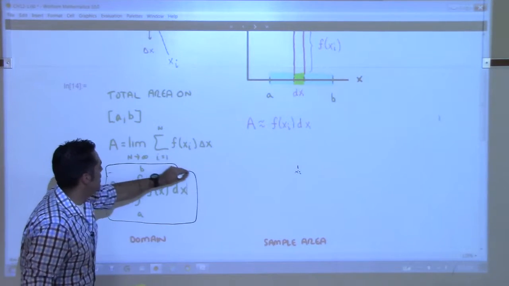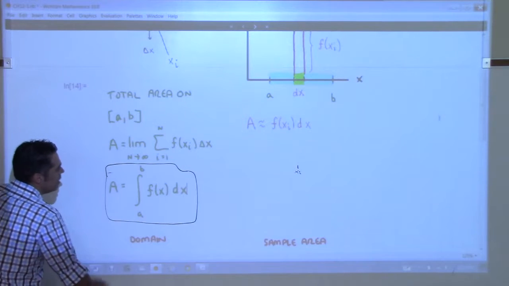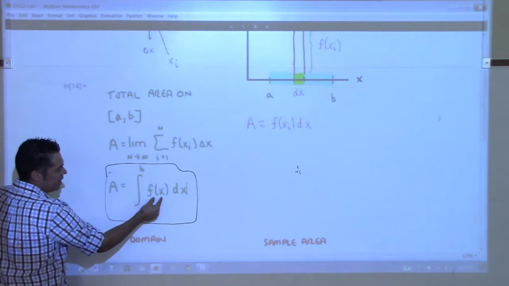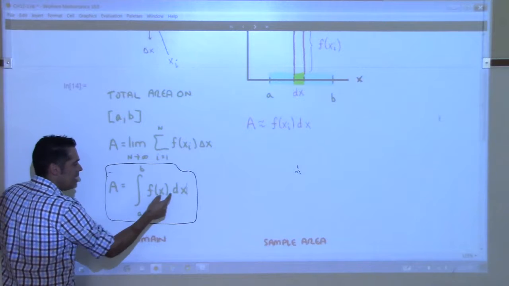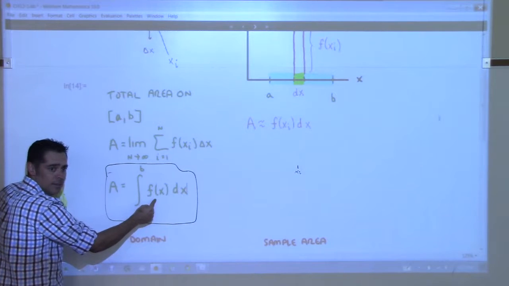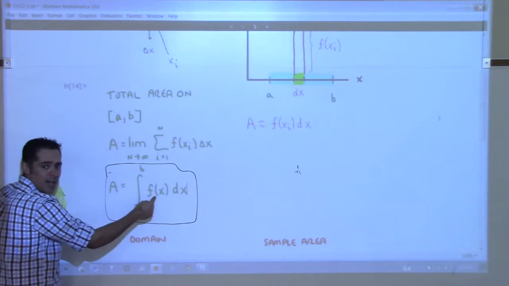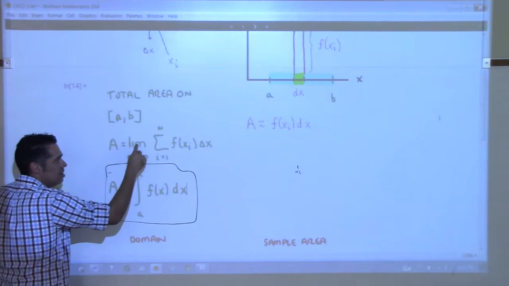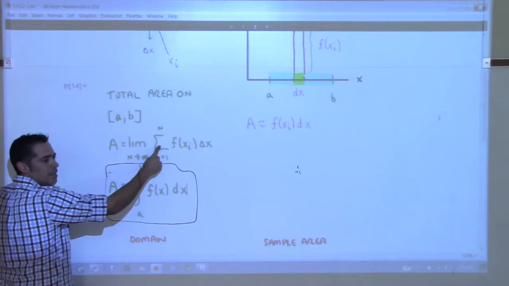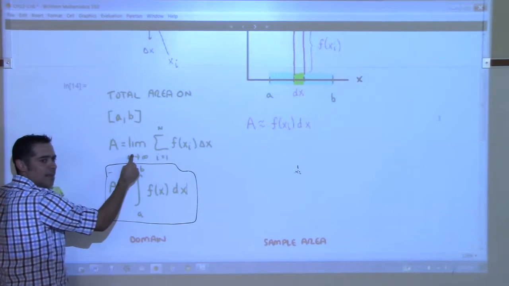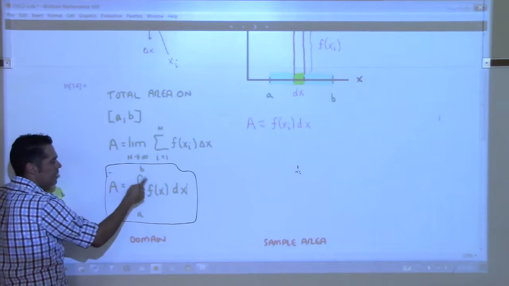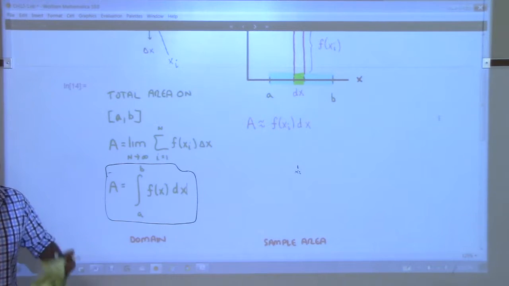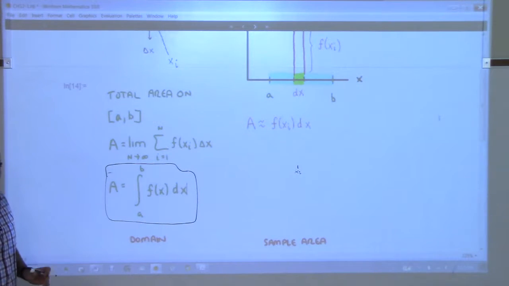The whole idea behind the definite integral is that f of x times dx is width times height, the width of the rectangle times the height of the rectangle. And the integral sign means you're summing up n number of rectangles and then letting n go to infinity. So the integral means like an infinite summation. Is that all right? Okay.